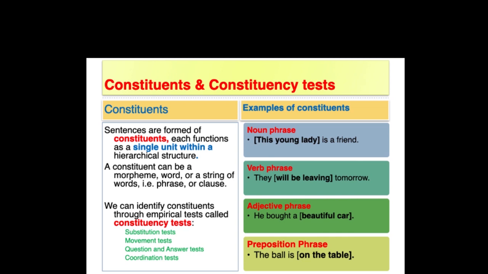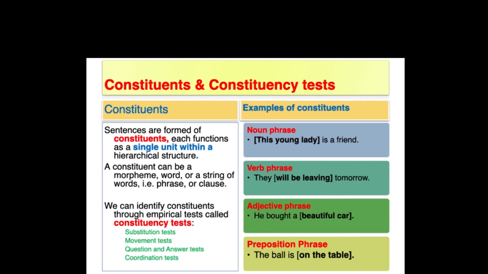So it is a string of words which constitutes an adjective and a noun, or an NP. Then preposition phrase, as in the example "the ball is on the table". So "on the table" is a preposition phrase, and it is a constituent.